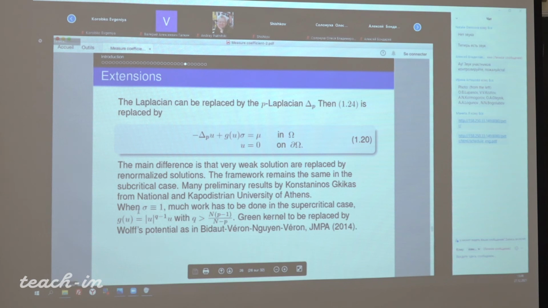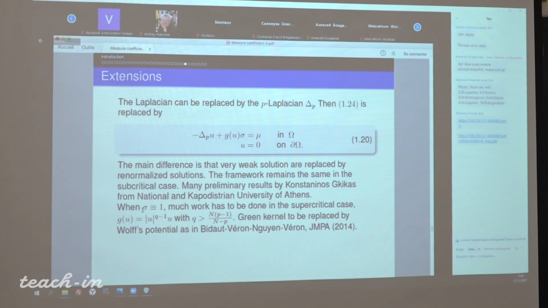Okay, and what is a tool? An important tool, if you want to handle this, is to go back like in the Brezis, Ponce, or Baras story, in the case p equal 2. This is to look at what was the structure for solving the case sigma equal 1.